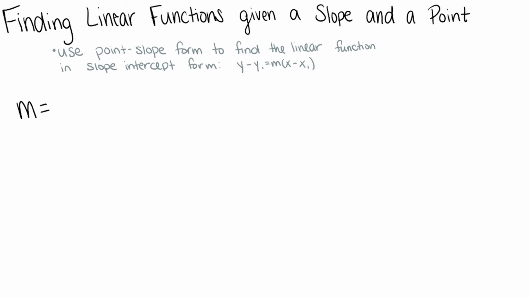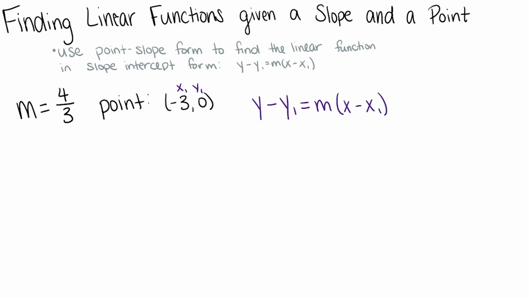Next, let's say we're given m is equal to 4 over 3, and our point is (-3, 0). So we know our m, and for our point, x1 is negative 3, and y1 is 0. So our point slope form is y minus y1 equals m times x minus x1.